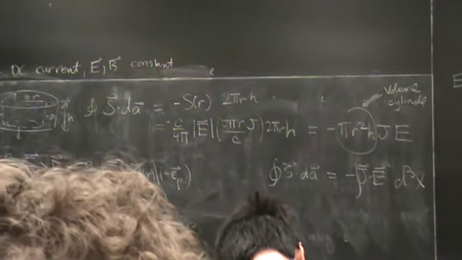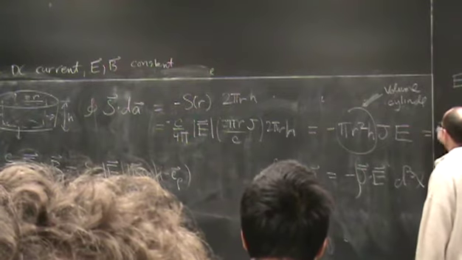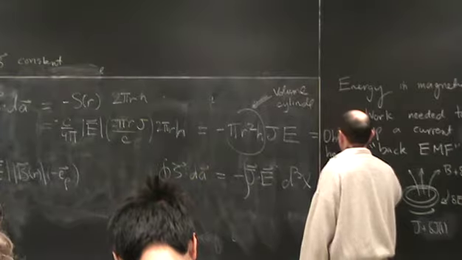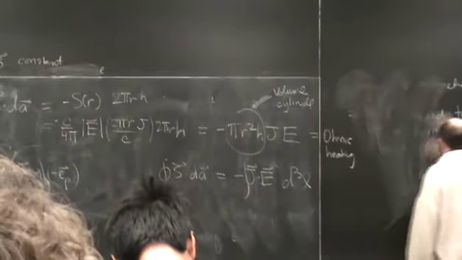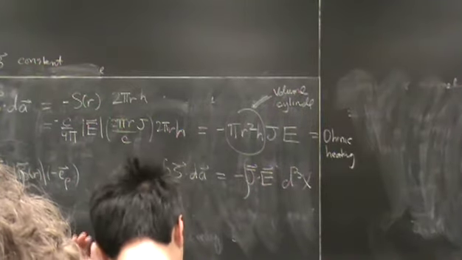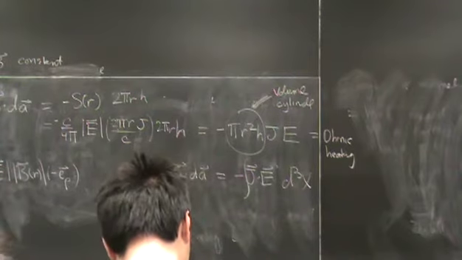It's equal to how much energy is being dissipated. This is ohmic heating. The resistance in the circuit is dissipating all of the electromagnetic energy that's flowing. So energy conservation rules the world again.